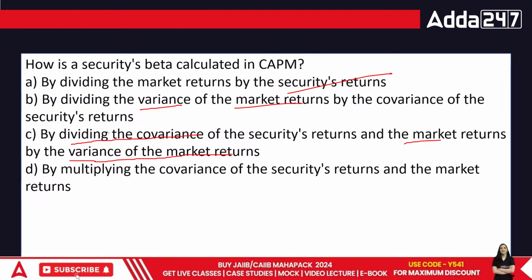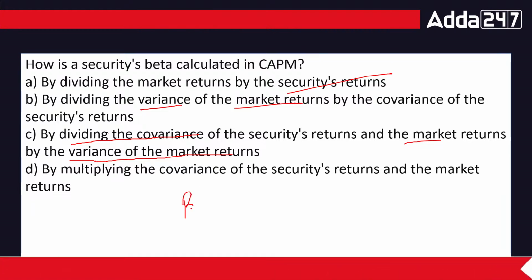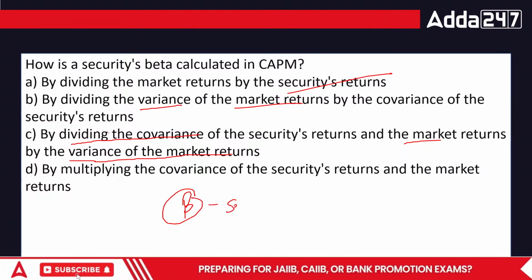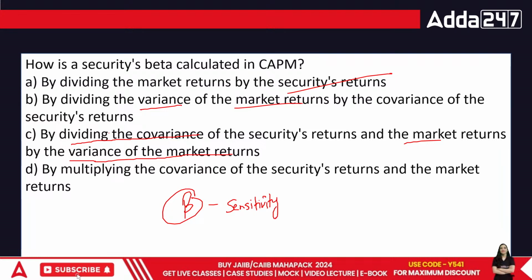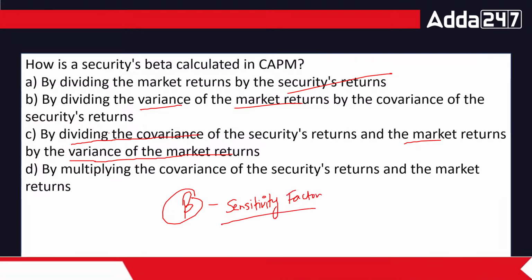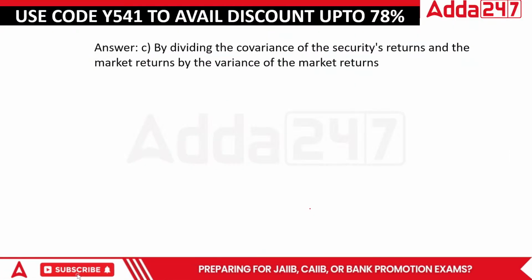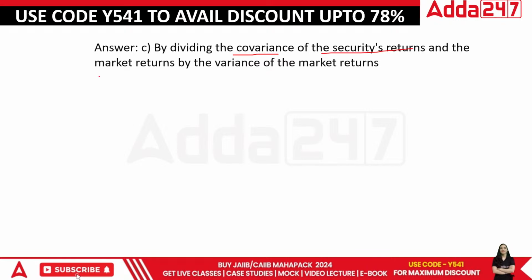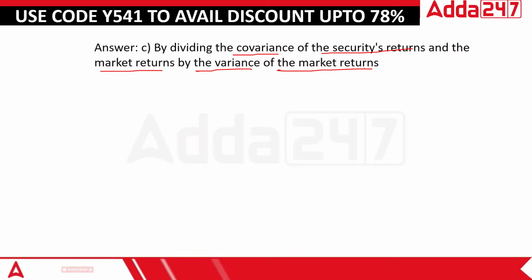What do you mean by beta, everyone? Beta is basically a sensitivity factor. How sensitive an organization is. That's called security beta. The answer is by dividing the covariance of the security returns and the market returns by the variance of the market returns. That's the answer.